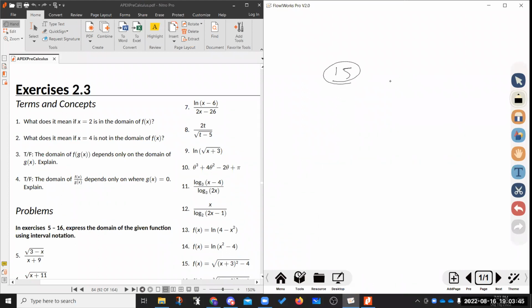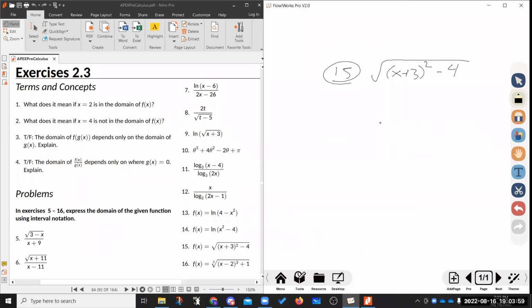15 says the square root of x plus 3 squared minus 4. We're probably going to want to expand all that out. X squared plus 6x plus 9 plus 9 minus 4 is going to give us x squared plus 6x plus 5 needs to be greater than or equal to 0. We're going to factor that.